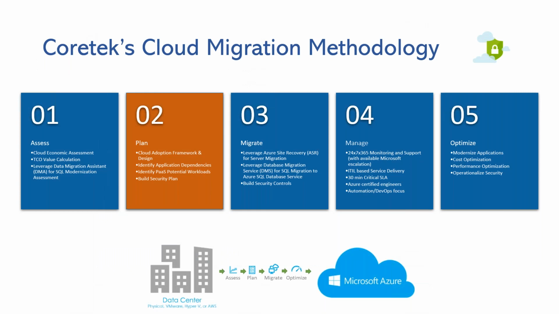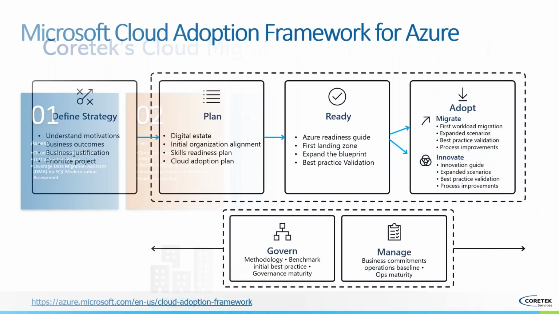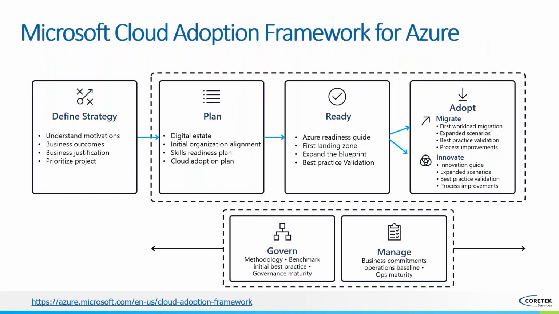As we move into the plan phase, what we're really talking about here is Microsoft's Cloud Adoption Framework, or CAF. You can find it at the link below, or search for Microsoft Cloud Adoption Framework in Google or Bing. It's a methodology for you to leverage to ensure your organization is ready for Azure.